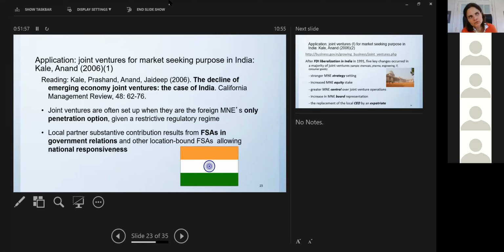In India, most of the joint ventures were in 5 sectors: chemicals, pharmaceuticals, engineering, IT, many alliances in IT, and also consumer goods. And that is then more market seeking. The idea of these companies was to go to the Indian market, but they needed a partner.